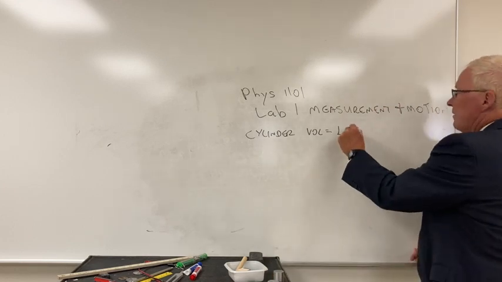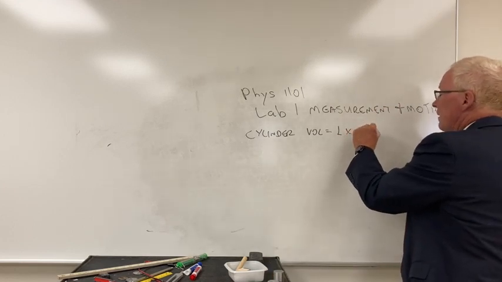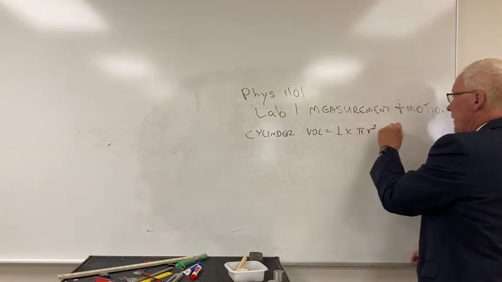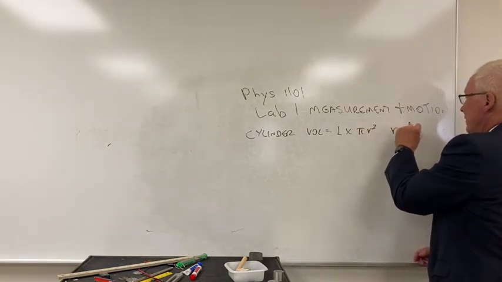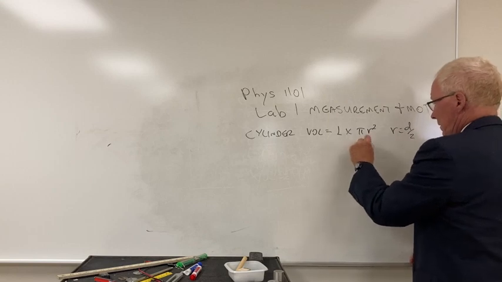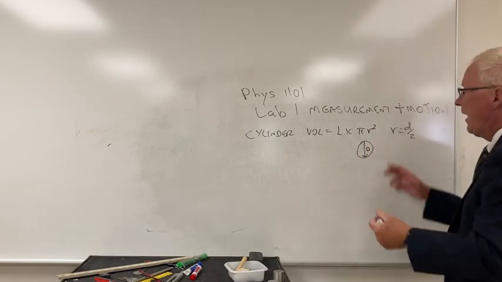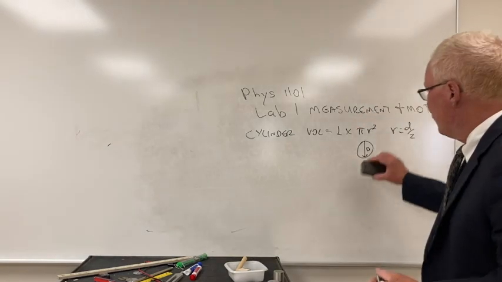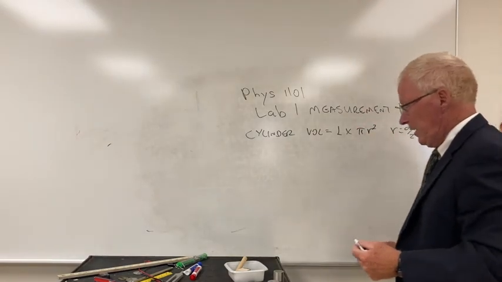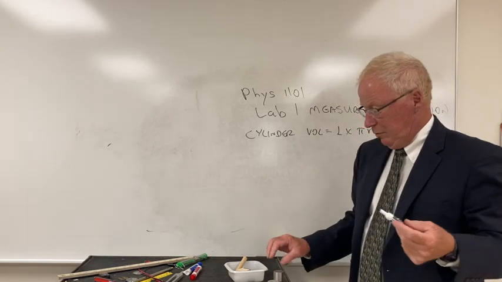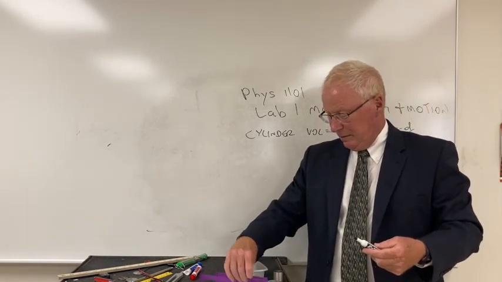So it's going to be length times pi r squared, where the diameter is this, and the radius is half of that. So I'm going to do that and write those down.